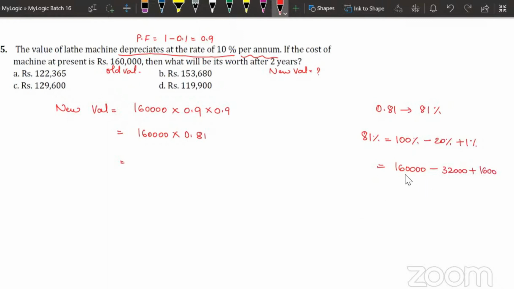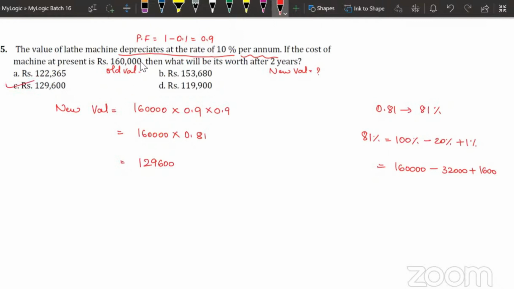Now, 1,60,000 minus 32,000 is 1,28,000, plus 1,600 is 1,29,600. Understood? So here we are fine. This is the value after 2 years.